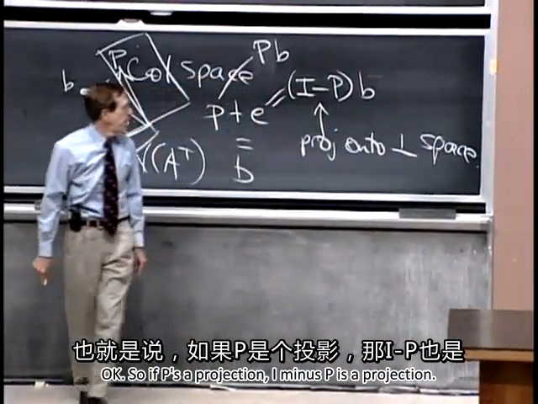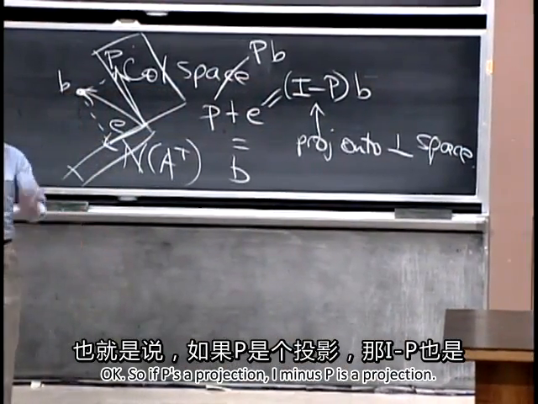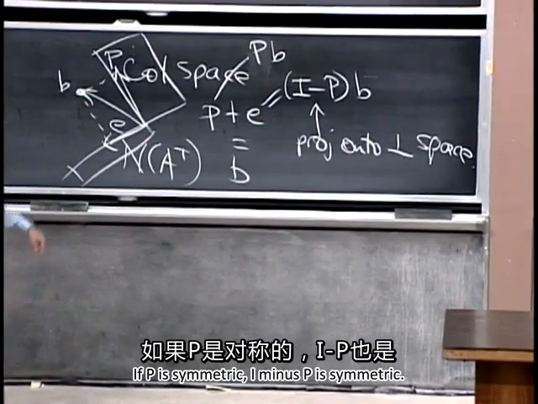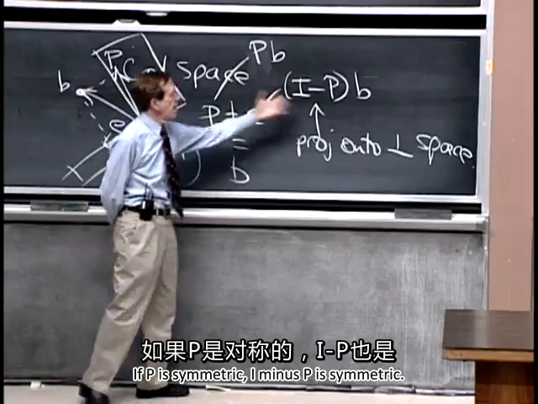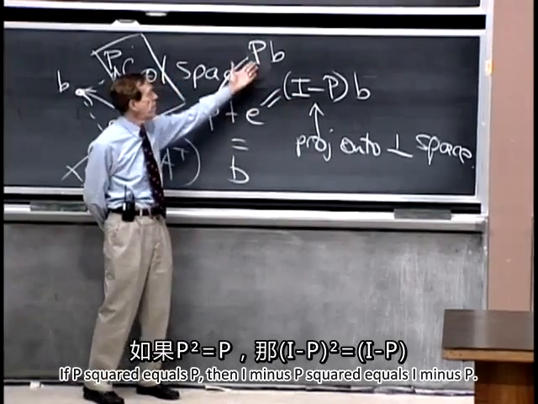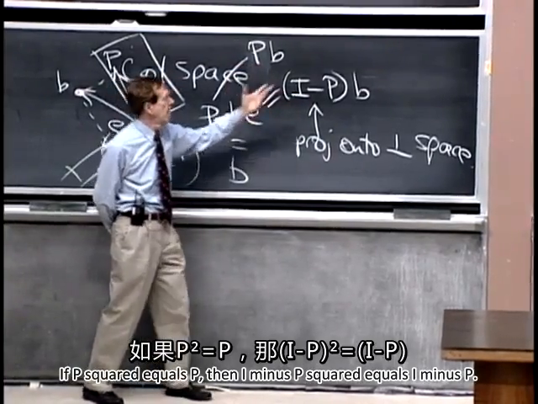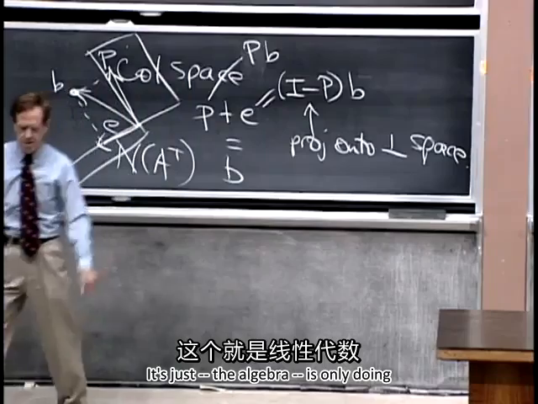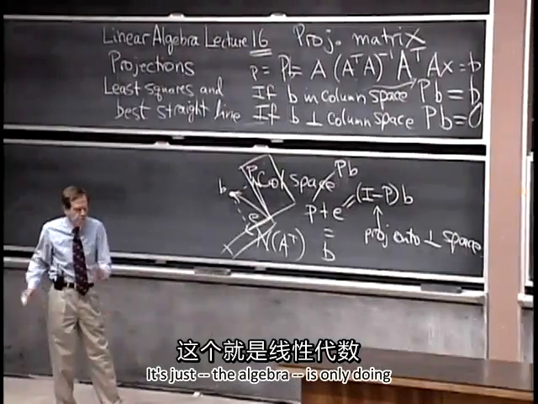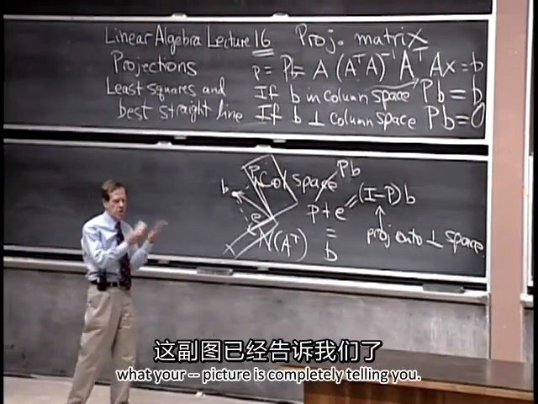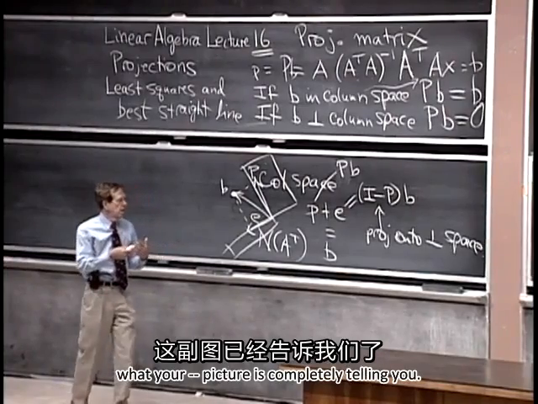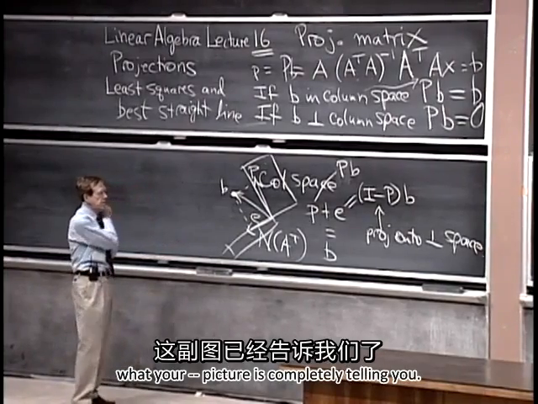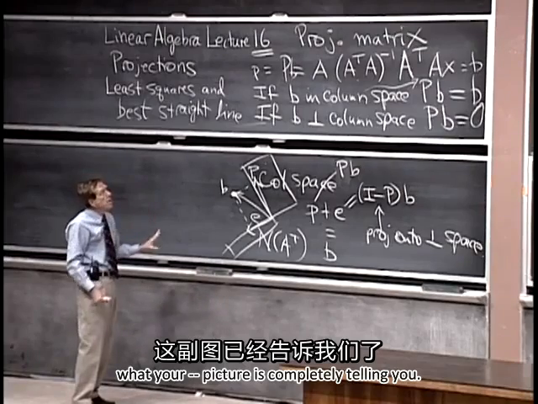Okay. So if P is a projection, I minus P is a projection. If P is symmetric, I minus P is symmetric. If P squared equals P, then I minus P squared equals I minus P. The algebra is only doing what your picture is completely telling you.